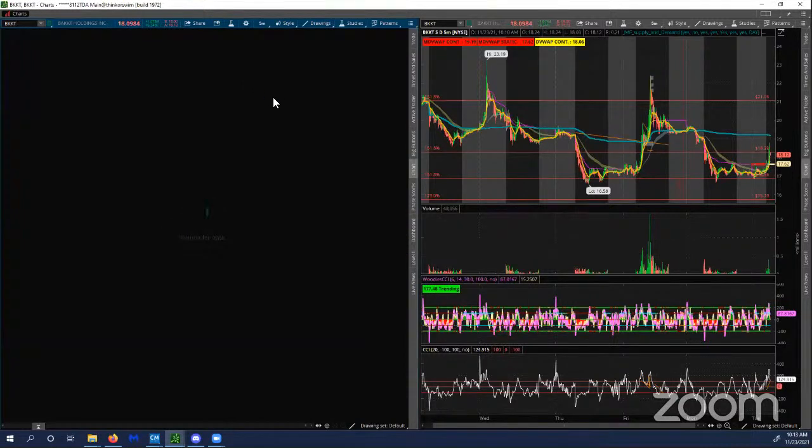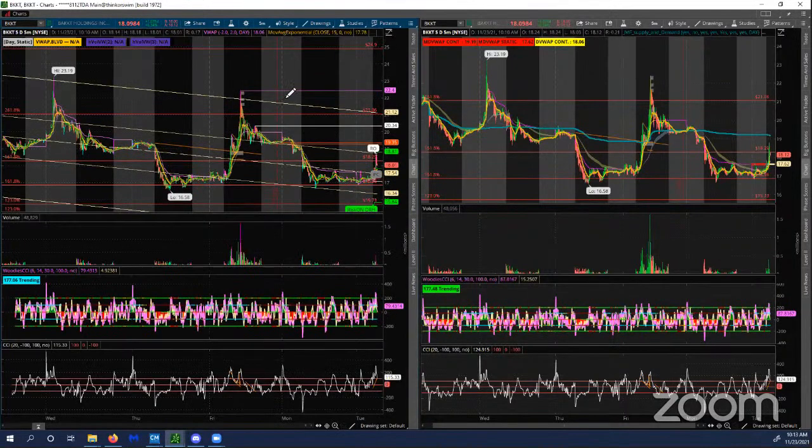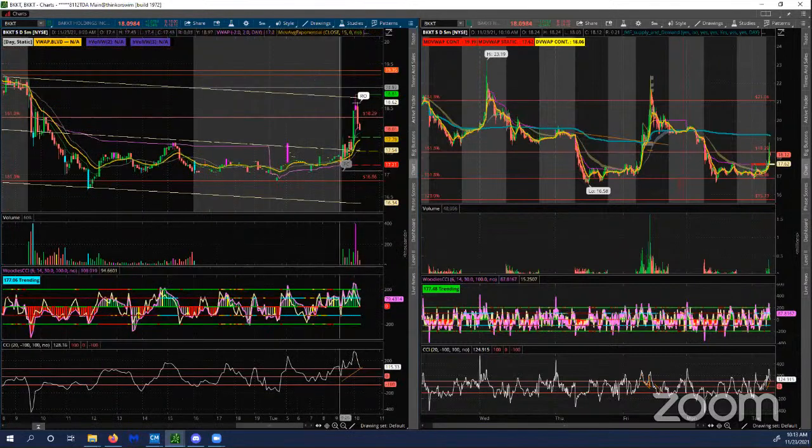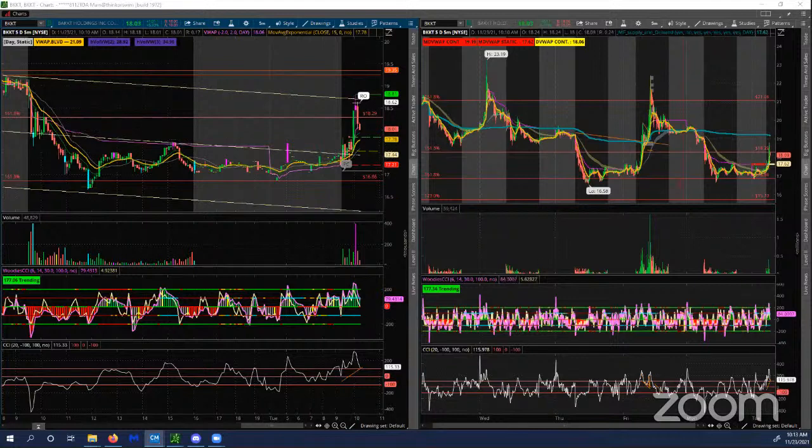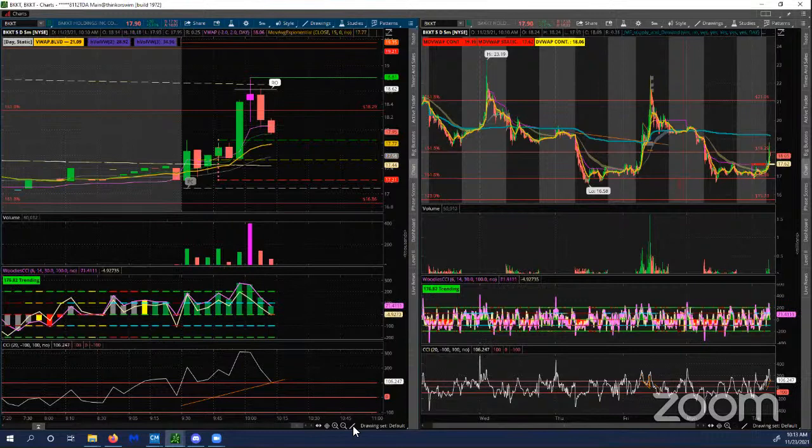I just didn't know if I liked it that much. I liked it. Yeah, I was eyeballing that again. There was another inverse head and shoulders right there with the 15 EMA kind of propping it up. So we're gonna mark out this level here and see what happens when we get there.